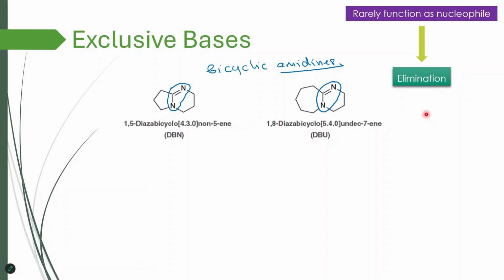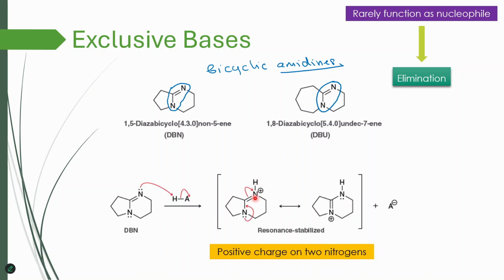And the reason why they are very good bases is because after they are protonated, they have this positive charge that is delocalized onto both nitrogens. That's quite good stabilization by resonance. So that's why your resulting cations are weakly acidic.